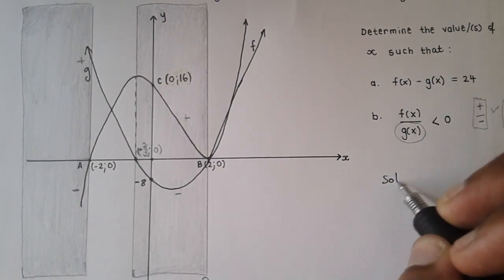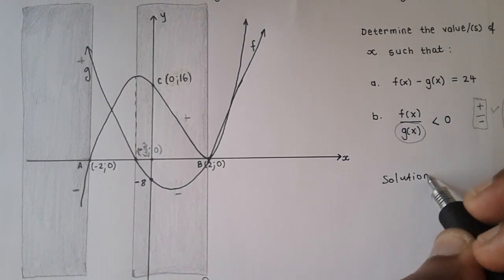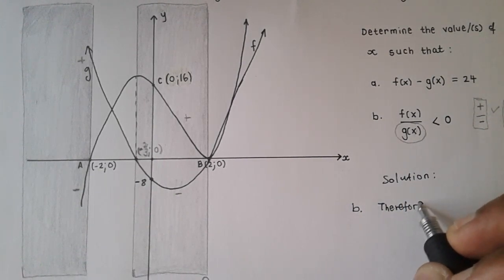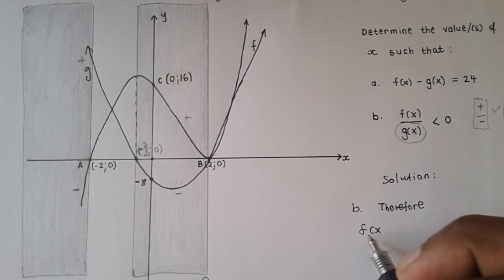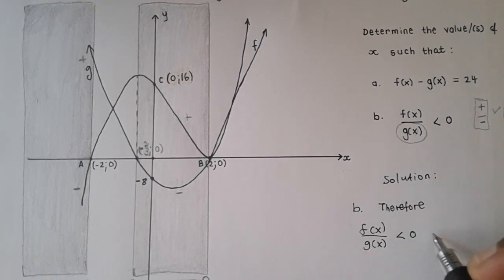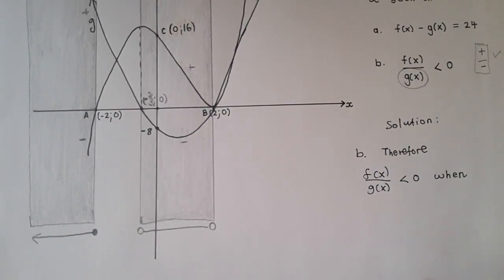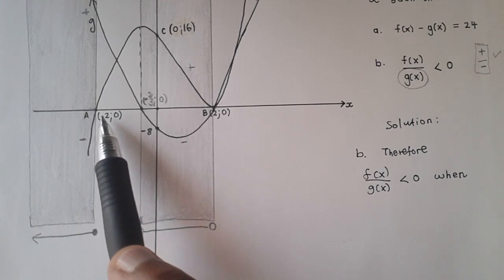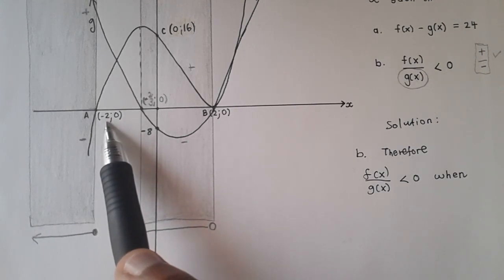Okay, so yet again, solution. This is for B. So then therefore, f of x divided by g of x is less than 0 when, okay, let's look at our regions. We're looking at x values less than negative 2, and including that x value.